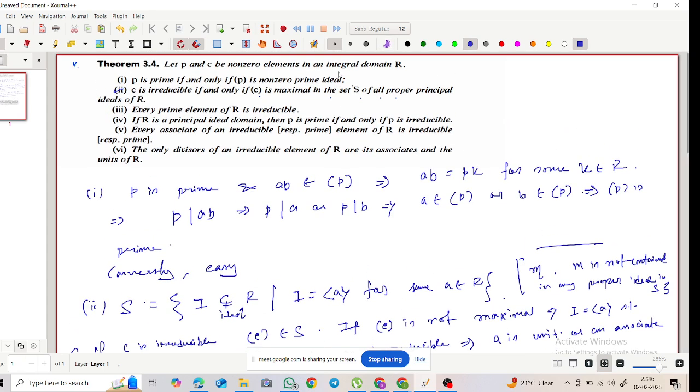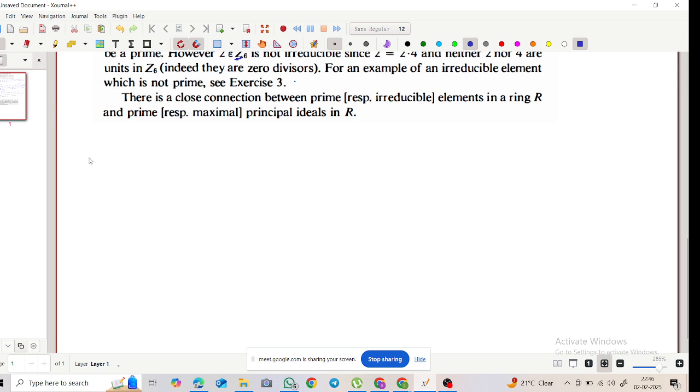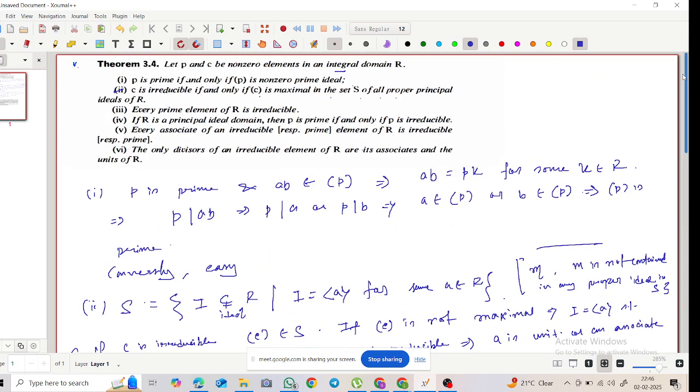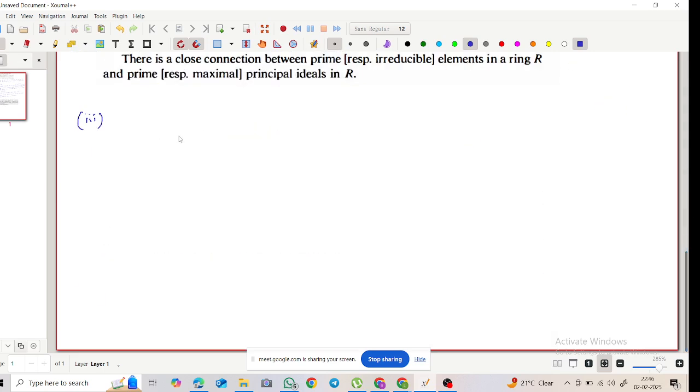See here, this is an integral domain. So when we prove 3, that every prime element is irreducible in R, so let P be prime in R.